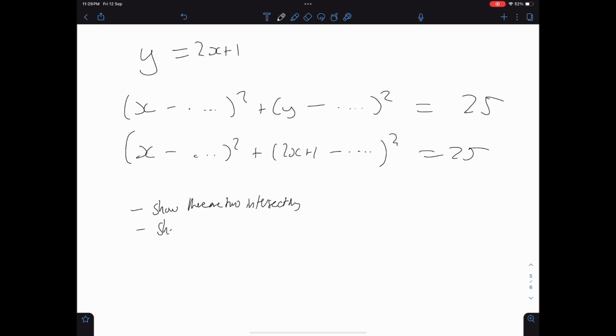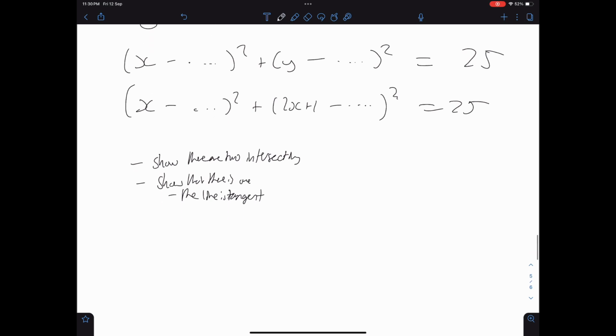Show that there is one, i.e. the line is tangent. Show that there are none. And this comes back to the discriminant, back up to the quadratics topic.